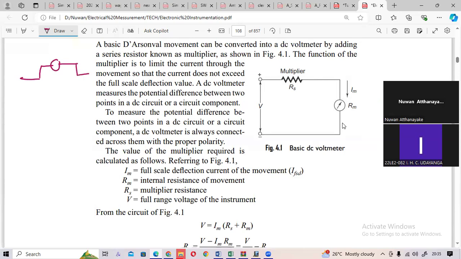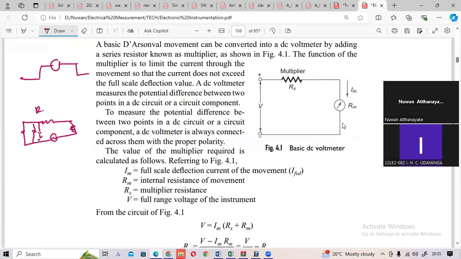Now tell me, let's say that you have a circuit. It can be a resistor or inductor or capacitor, transistor, anything.